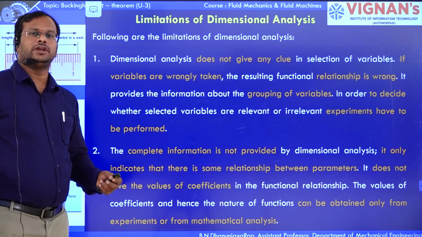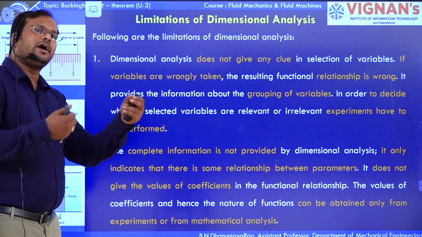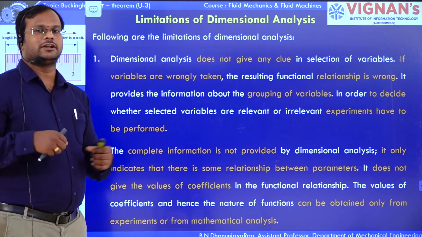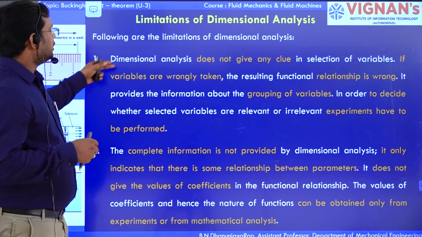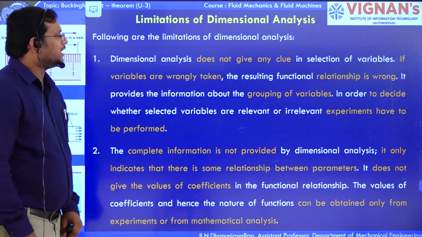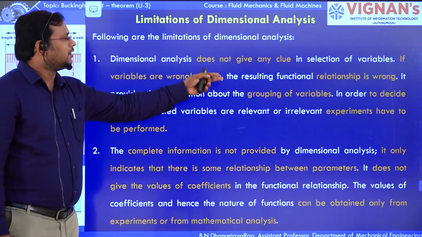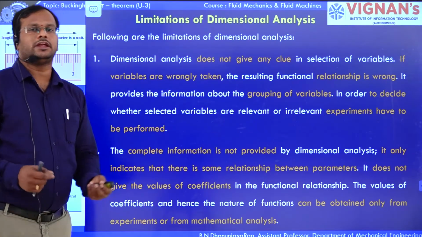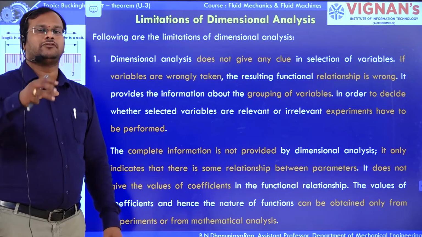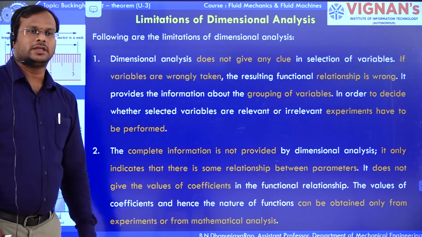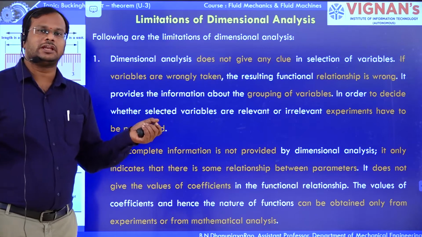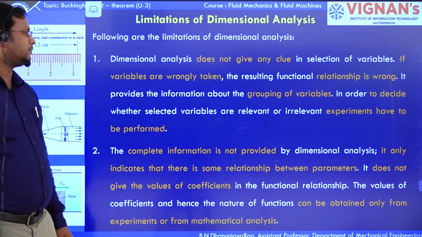We need to choose repeating variables or select variables by a particular method, but it does not give any clue in the selection of variables. If variables are wrongly taken, then the resulting functional relationship may be wrong. So we need to properly choose the variables involved in that particular fluid flow problem. If we take a wrong variable, then the final expression or relation between the variables may also go wrong.